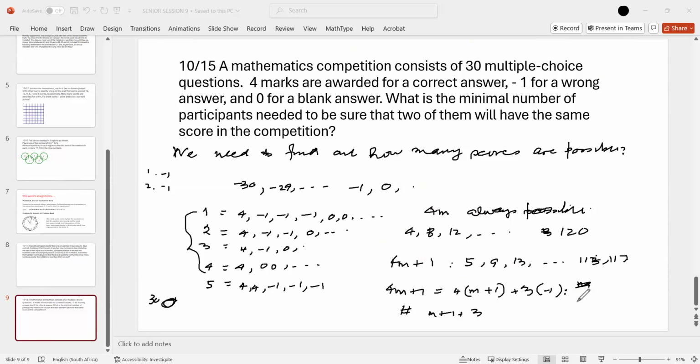But the multiple choice, you only got 30 questions. So that sum has to be less than or equal to 30, because you are saying that m plus 1 are correct and 3 are wrong. So you'll have to have m plus 1 plus 3 less than or equal to 30, which makes m less than or equal to 26, right?